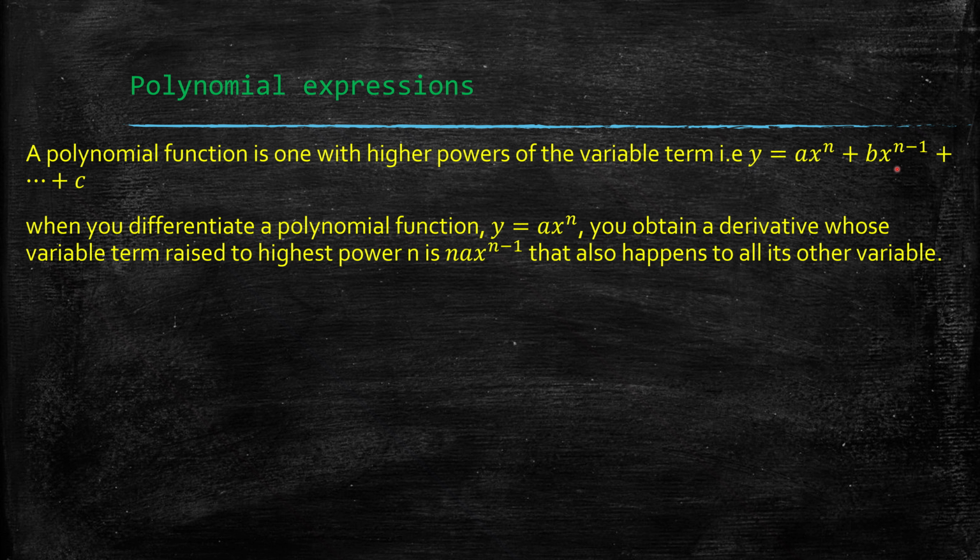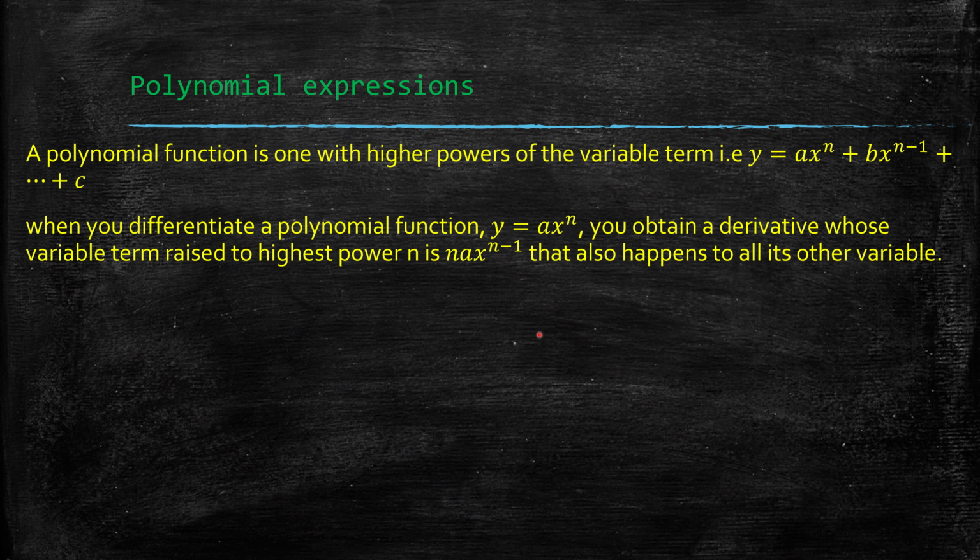In this case, if you have another variable term attached on that particular function as in this form, that means that you are going to drop this power here, which is n minus 1, and then we shall multiply it onto this bx, then raise it to this n minus 1 but subtracted by 1, which makes it become n minus 1 minus 1, which is n minus 2.